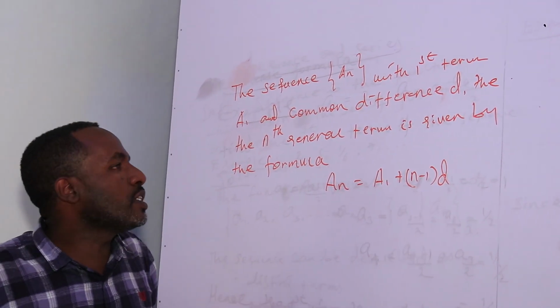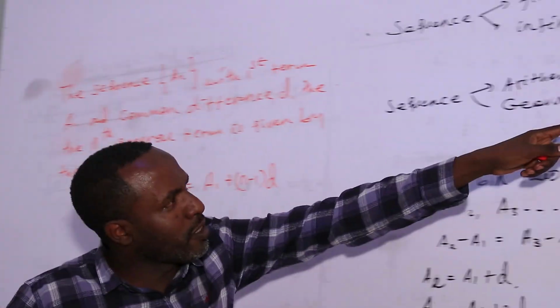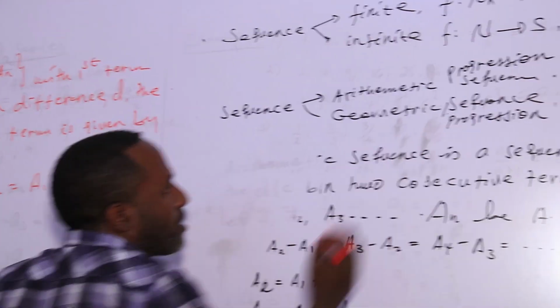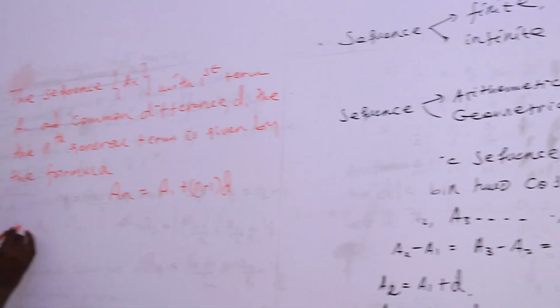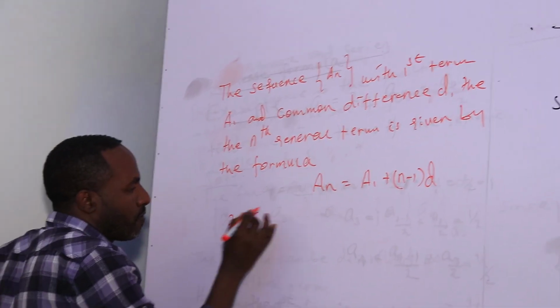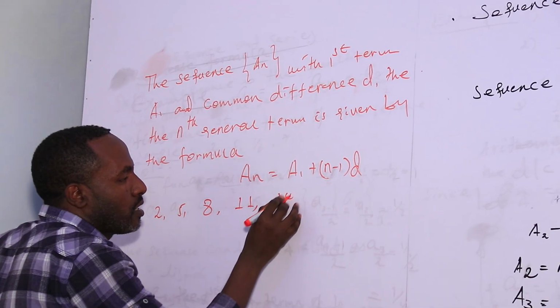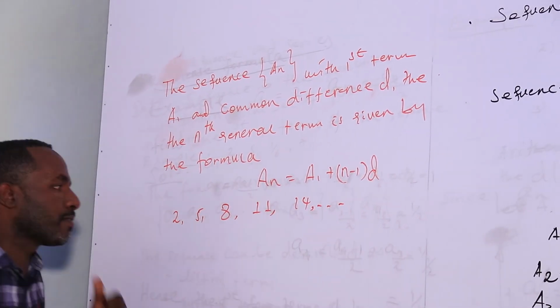Say for example, if we bring this sequence here, we can say this is the first term. The sequence is 2, 5, 8, 11, 14, and the next terms continue in such a way.